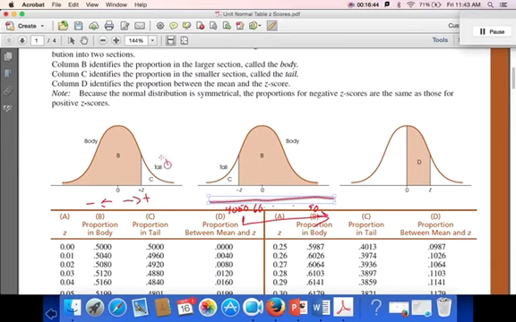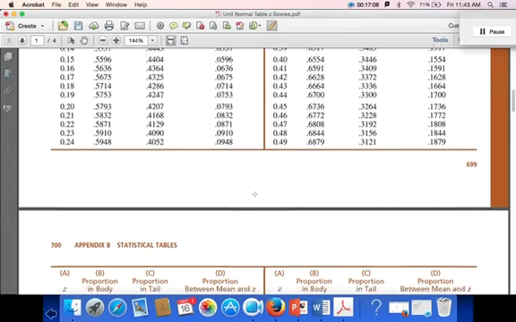So now, rather than looking at this area, I'm telling you no longer look at that area. So don't look here. You're now going to look here. This is what I want you to look at in this particular question, because the question is asking for a minimum value of 50, or greater than 50. Now, what's the probability of that? So again, I still have to go and find my minimum value of 1.92.